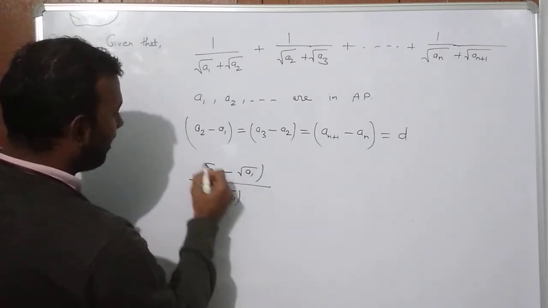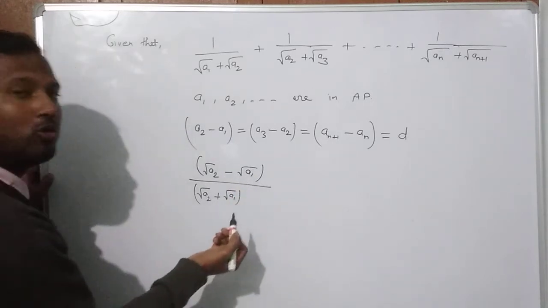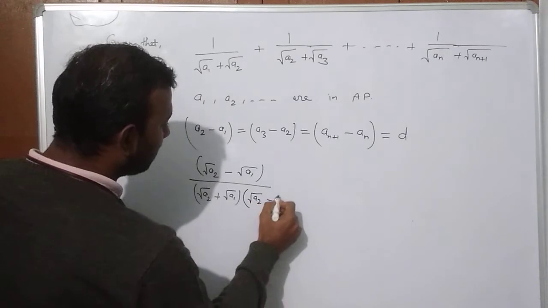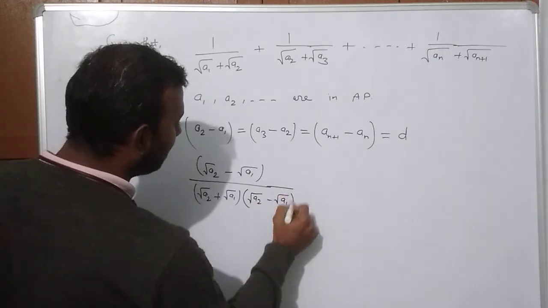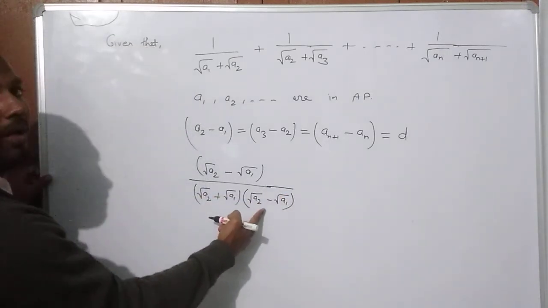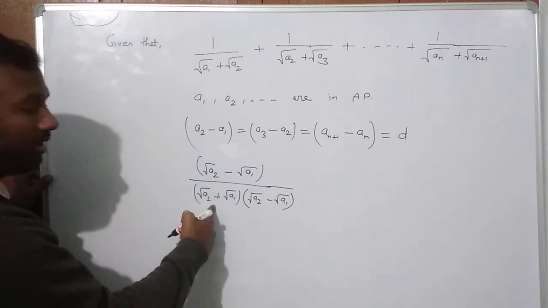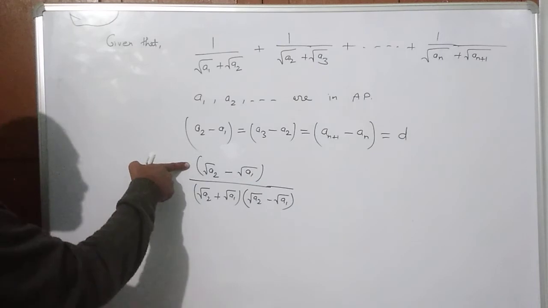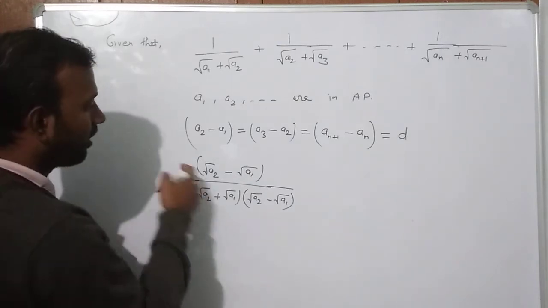We are multiplying the denominator with the conjugate pair, under root a2 minus under root a1, and to neutralize this I am writing it in the numerator also.